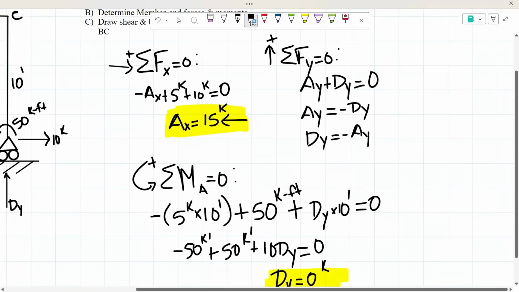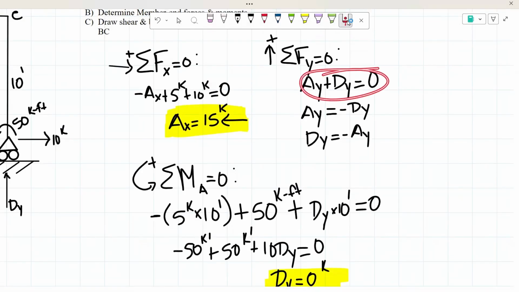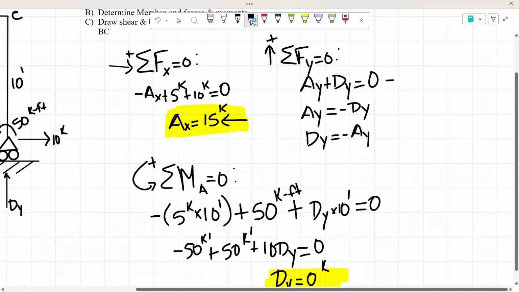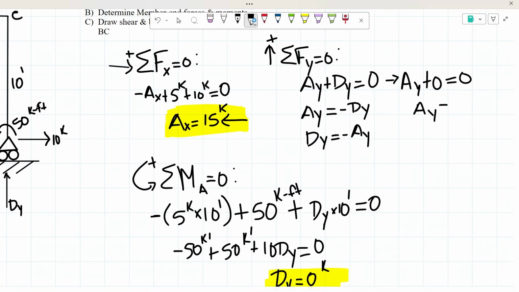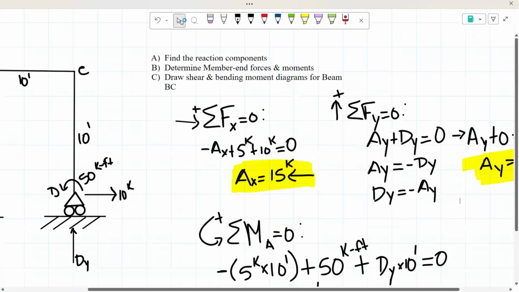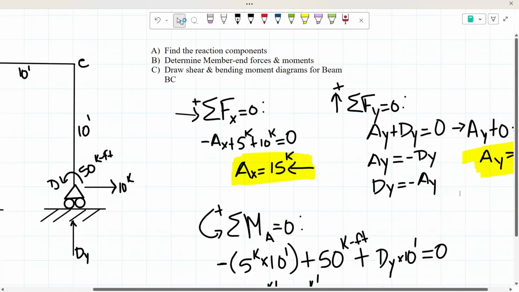Because if we were to input D sub y into this equation right here, we'd be getting that A sub y plus 0 is equal to 0. So that means A sub y is also equal to 0 kips. So with that, we are done with part A of this example, finding the reaction components.